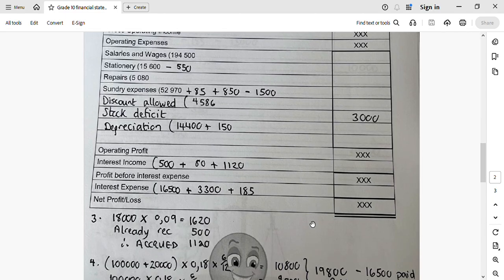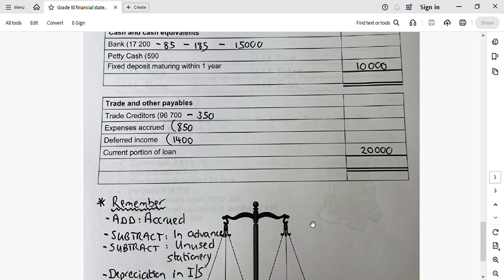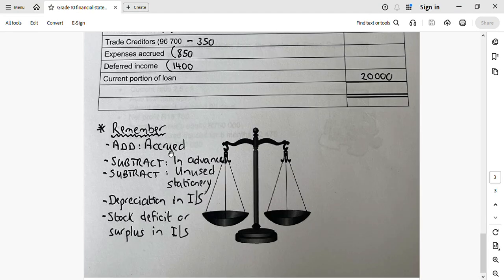And then just in summary here, anything that is accrued is owing. We haven't paid or received enough, so you're going to add. Anything that's in advance, prepaid expenses or income received in advance, you're going to subtract because you've received too much rather. Any unused stationery, consumable stores, etc., you're going to subtract those because you're going to use them next year.